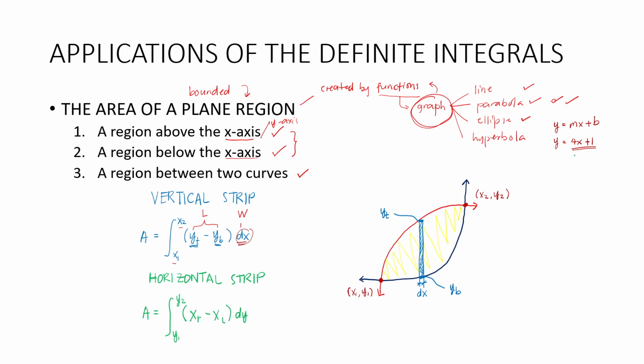So of course, in terms of y, if you try to convert this one in terms of y, you're going to have y minus 1 equals 4x, and then x would be equal to y minus 1 over 4, diba? So those will be the equivalents in terms of x and in terms of y functions.